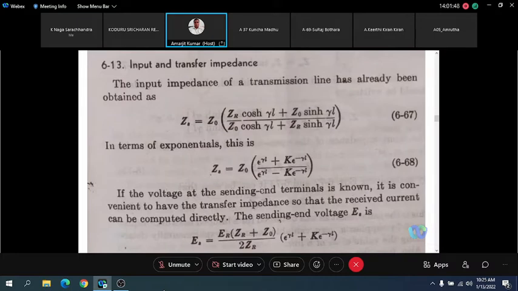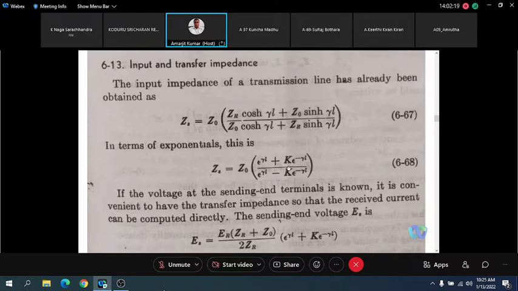So what was the input impedance? Here it is written: Z naught times (ZR cos hyperbolic gamma L plus Z naught sin hyperbolic gamma L) divided by (Z naught cos hyperbolic gamma L plus ZR sin hyperbolic gamma L). Here it is written in terms of exponential: the input impedance Z naught into (e to the power gamma L plus K e to the power minus gamma L).